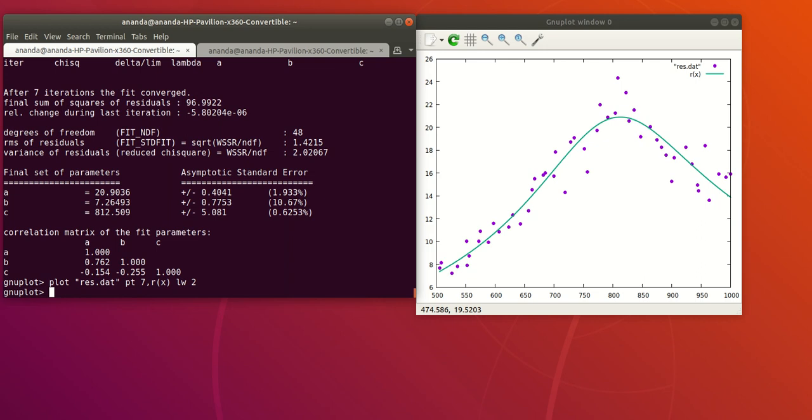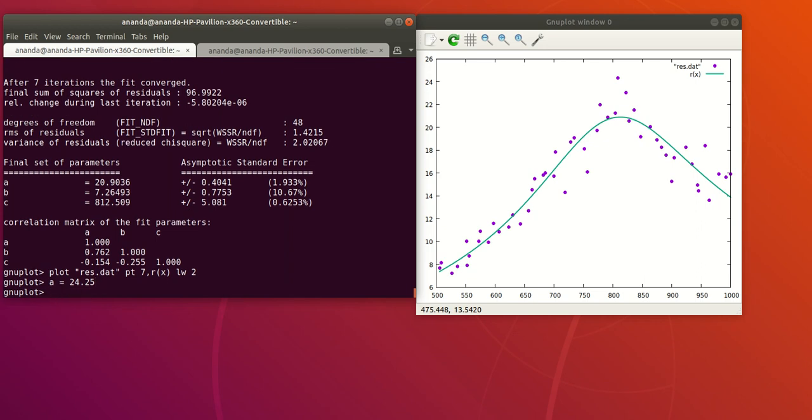Just to sort of illustrate that, let's say I want the graph to go really through this peak value, which is around 24.25. So let's say I will put A to be 24.25, which is the peak value in the graph. And let's say I don't really care to get the best possible fit, but I want the best possible fit where A is fixed at 24.25.